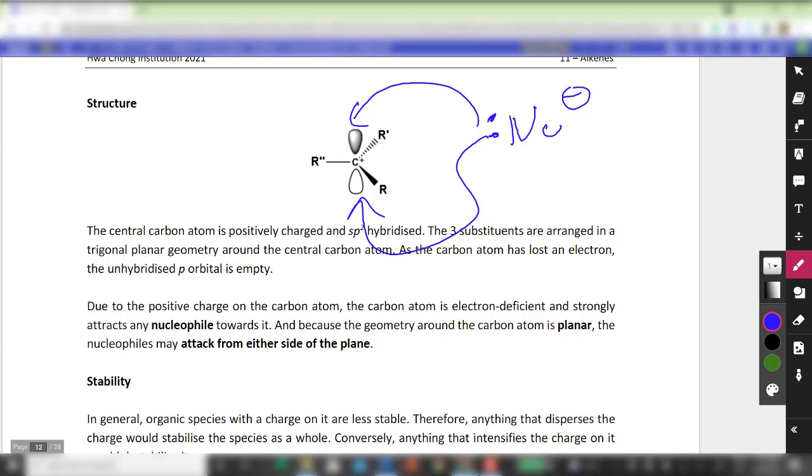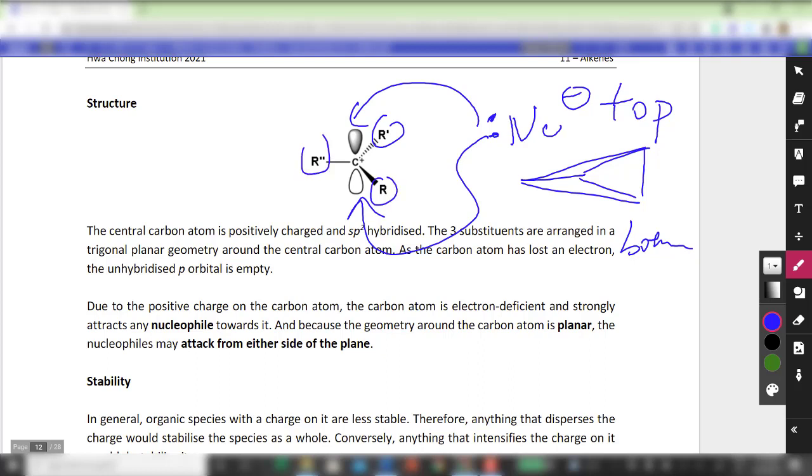If you look at the trigonal plane in this fashion, it's planar, so we have the top face and the bottom face. The electron rich nucleophile can approach the top and the bottom plane with near equal probability. So if all your three groups are different, you're going to end up with a racemic mixture. That is also an important characteristic of electrophilic addition.